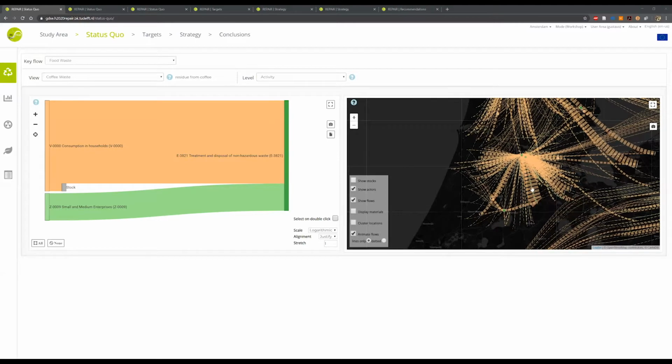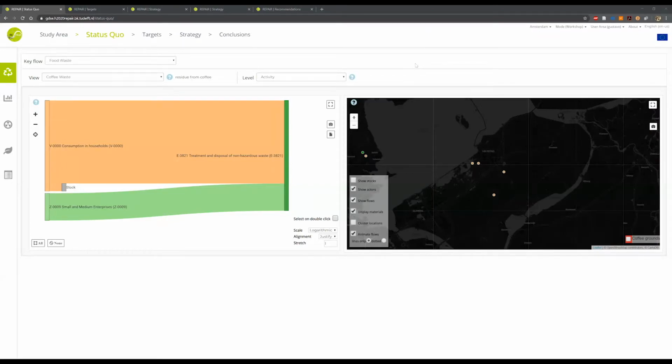For example, this particular flow starts at this actor and carries 835 tons of coffee waste per year and ends at this actor here, which is a waste incineration facility.